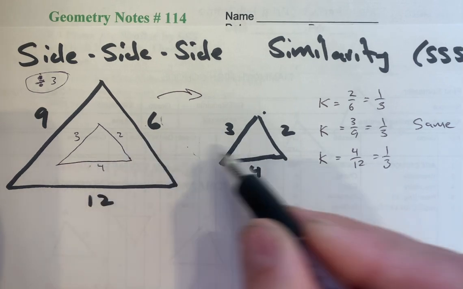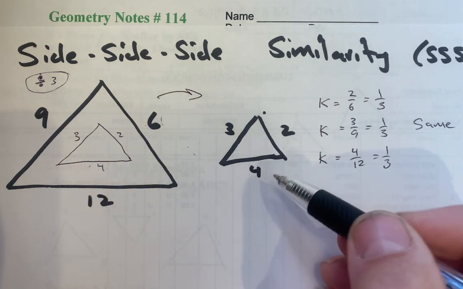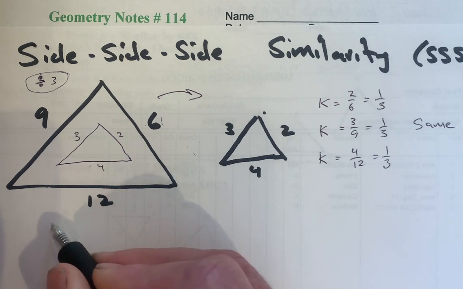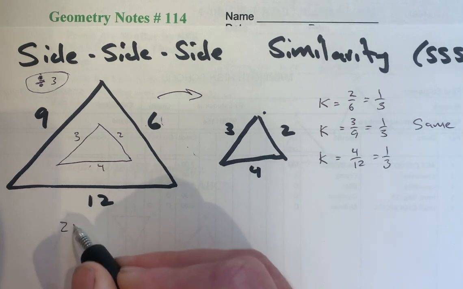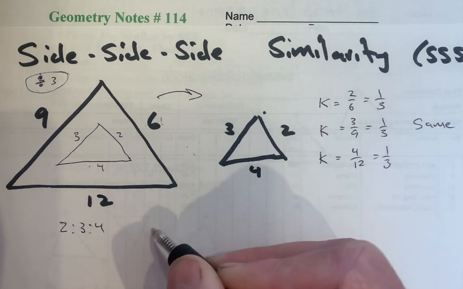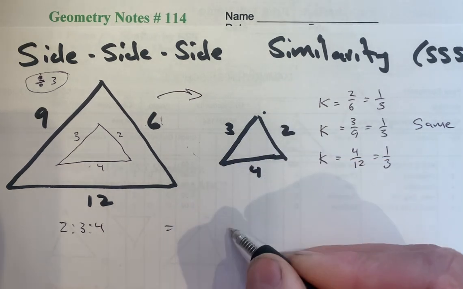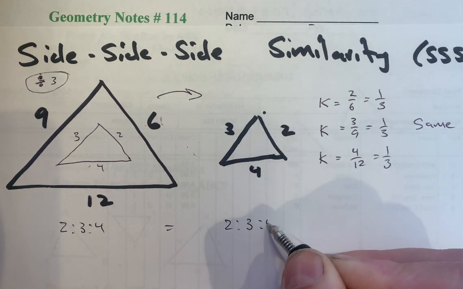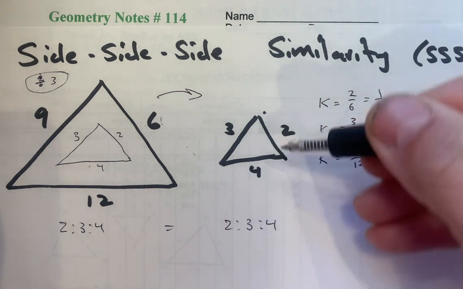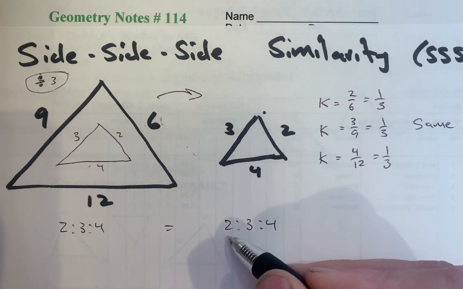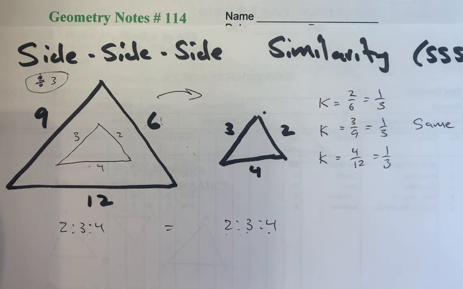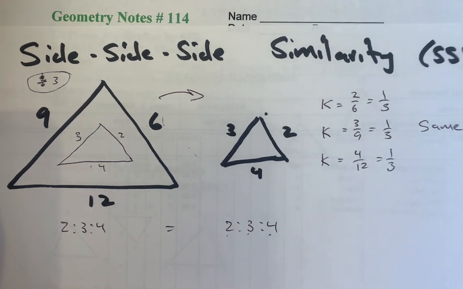And we can see now that these two triangles have the same ratio of sides. So we'd say the extended ratio 2 to 3 to 4 is equal to the extended ratio here, 2 to 3 to 4. Now this is using what we call the extended ratio. Extended ratio is just a ratio with 3 numbers instead of 2. So this tends to be a little easier, and I'll show you an example with that.